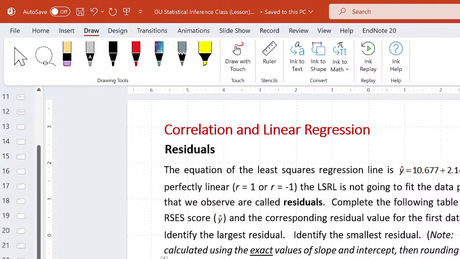For a train with no rail cars, just the engine, the predicted fuel consumption is 10.677 units per mile. So for a train that's just the engine running, it's not hauling anything. It's 0 rail cars. Okay, we're not counting the engine.